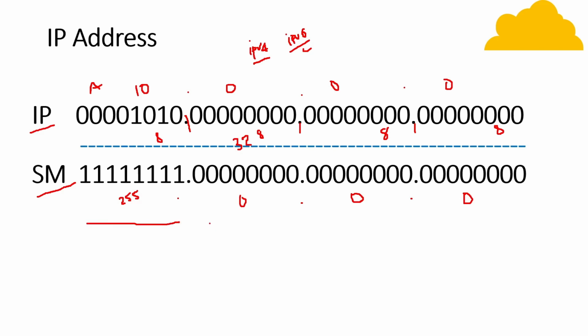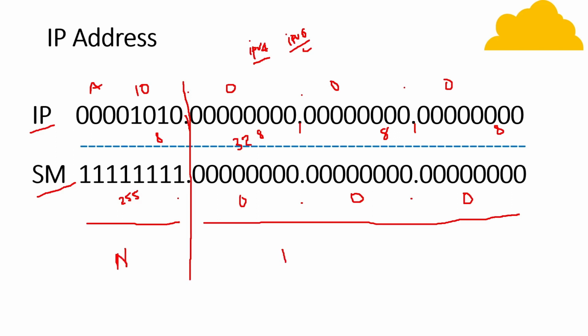As I said, the subnet mask is the one which decides how many networks a particular class of IP can have and how many hosts can be used in this particular network. So for class A network, this part will be the network and this part will be the host part.